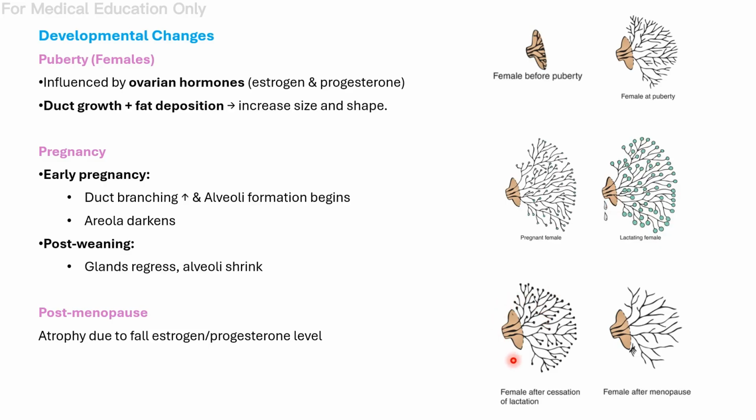This is the breast after cessation of lactation, the post-weaning phase. The gland regresses and the alveoli shrink. And this is the postmenopause phase. During this phase, the breast becomes atrophic due to the fall of estrogen and progesterone levels.